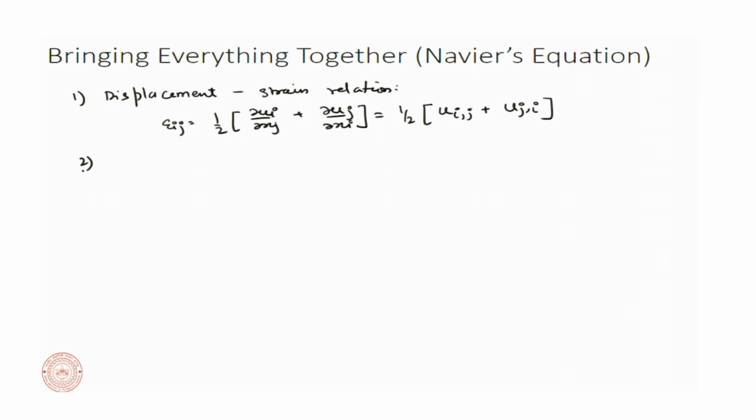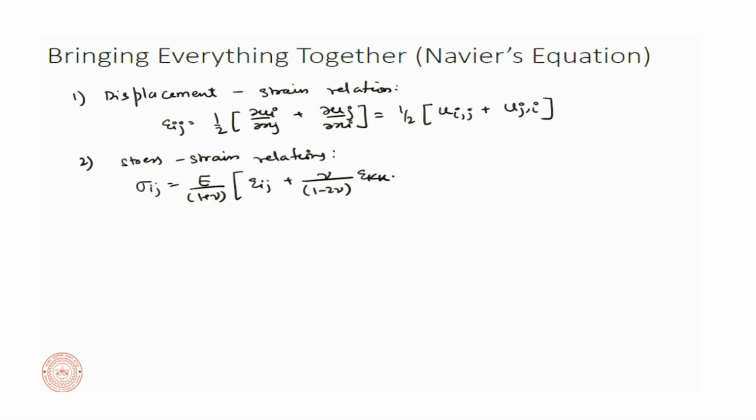The second was our stress strain relation. This one we had said that sigma ij is equal to E over 1 plus nu, for a linear elastic isotropic material, times (epsilon ij plus nu over 1 minus 2 nu epsilon kk delta ij) minus E alpha delta T over 1 minus 2 nu times delta ij.